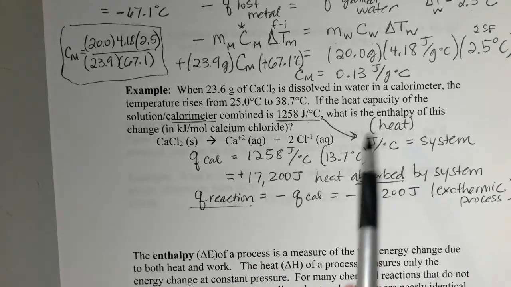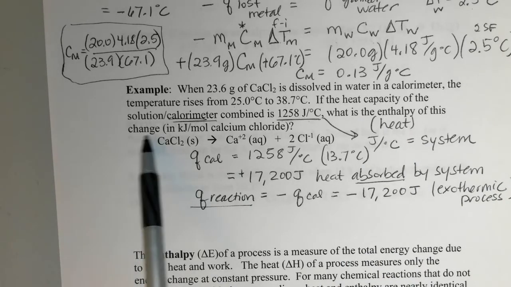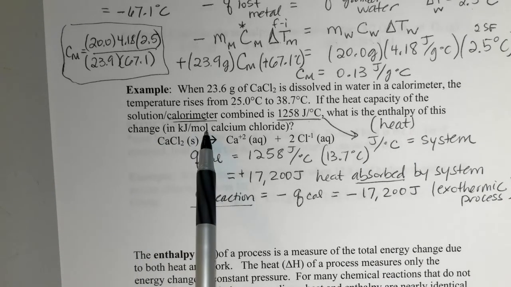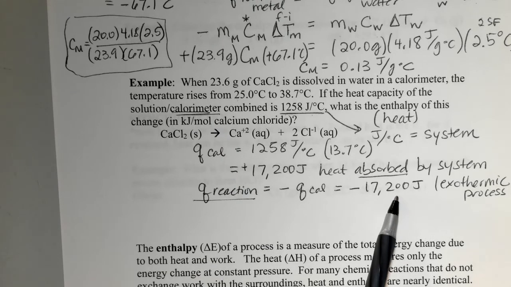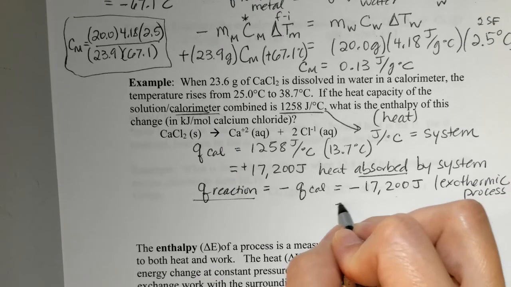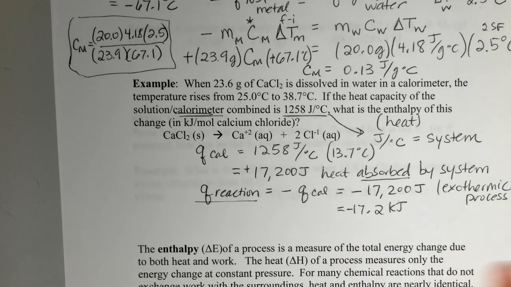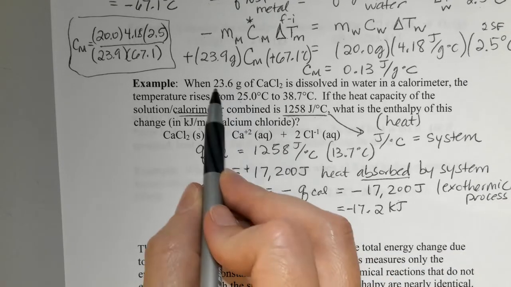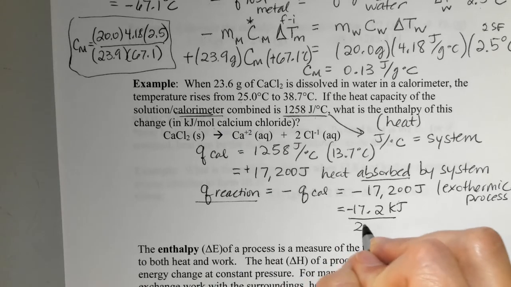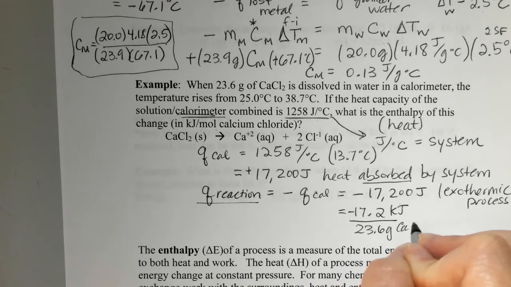Now, the question is, what is the enthalpy of this change in kilojoules per mole? So first thing I'm going to do is divide that by 1,000. So that's negative 17.2 kilojoules. And per mole, what we had was per 23.6 grams of calcium chloride.